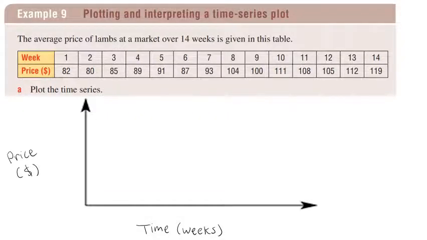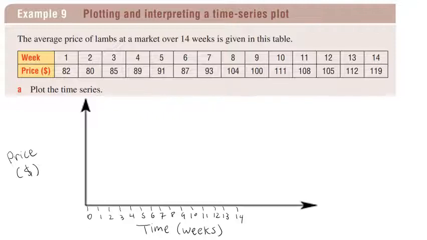Okay, so then let's put our scale in. So we've got 0, 1, 2, 3, 4, 5, 6, 7, 8, 9, 10, 11, 12, 13, 14. Okay, and then our price goes from our smallest number is 80 and our biggest number is 119.